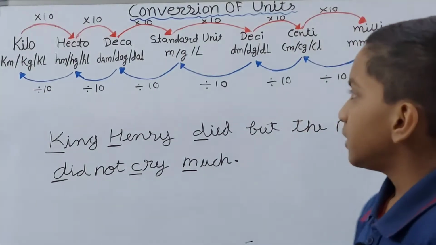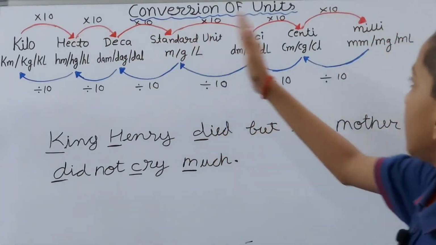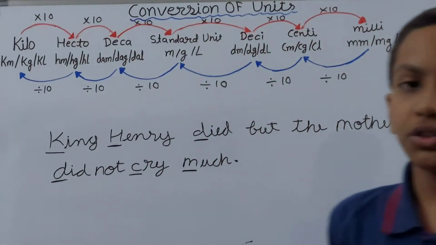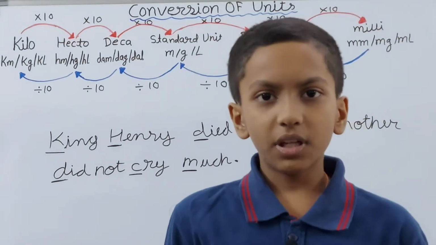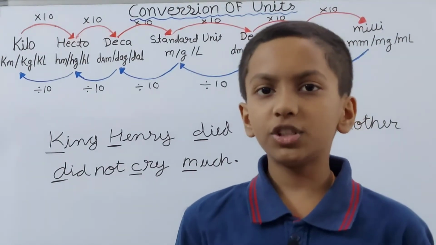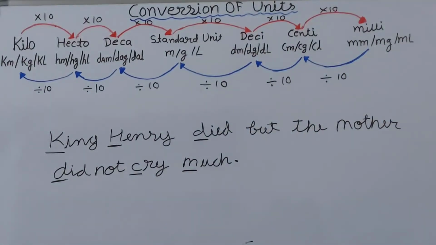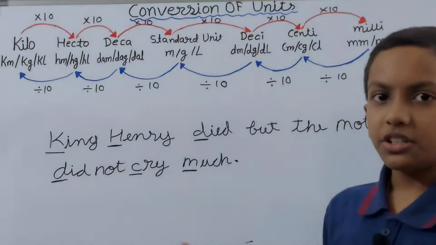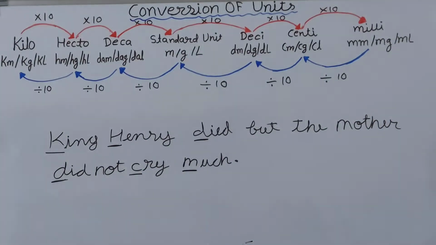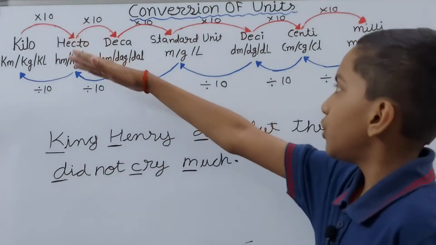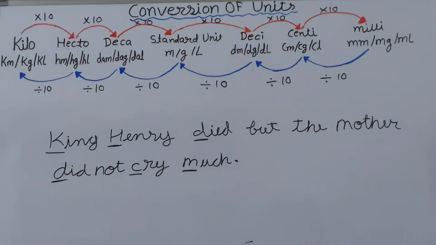Here friends, these hecto, deca and deci are not used in daily life. Okay? And friends, the most important rule which you need to know: whenever we are converting from any greater unit to a smaller unit, for example from hecto to deci, we always multiply.